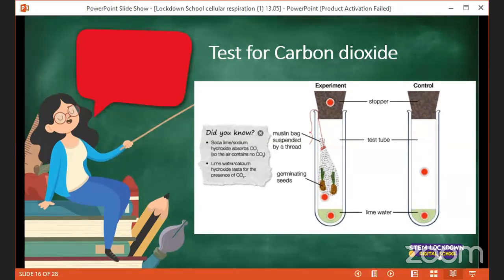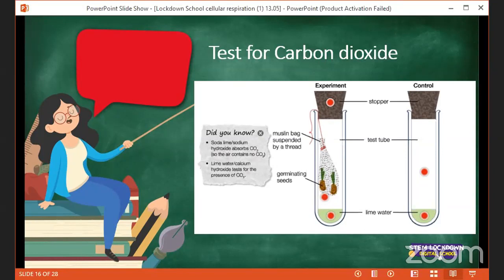So the use of having the stopper is that it prevents any atmospheric carbon dioxide from entering the test tube. Okay, and then we have the germinating seeds in the muslin bag. So guys, first thing to note is that the muslin bag has holes in it, all right?